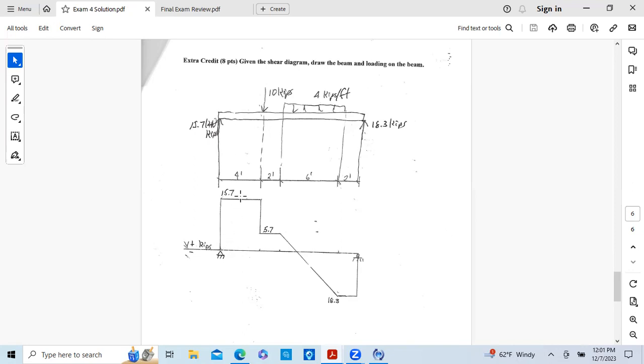So I projected lines of discontinuity up. There's one here, this point, and sketch the beam.